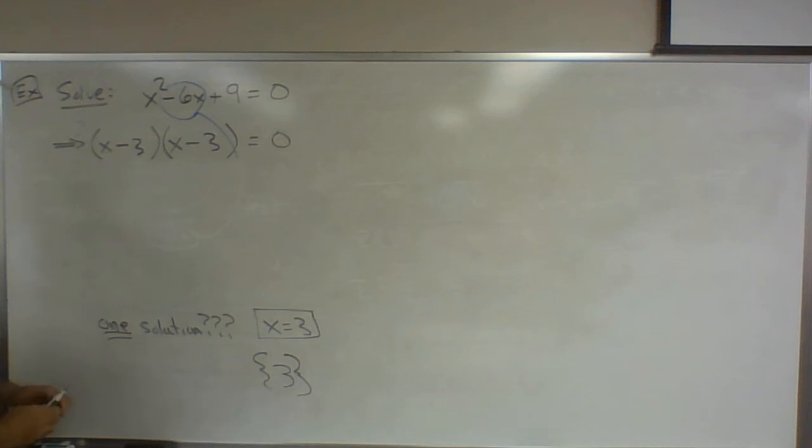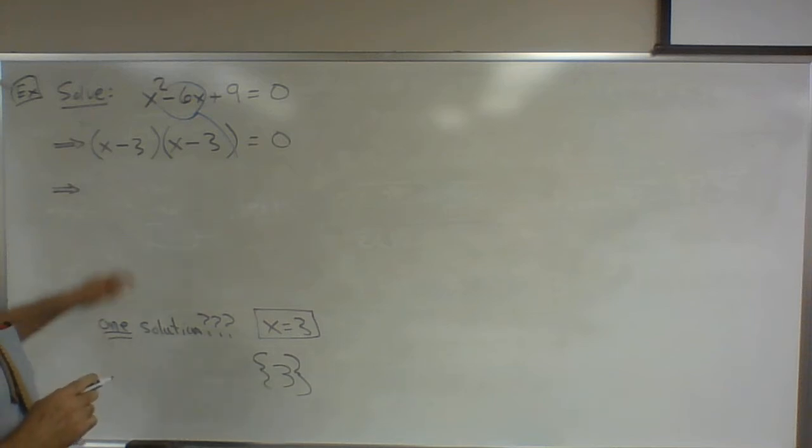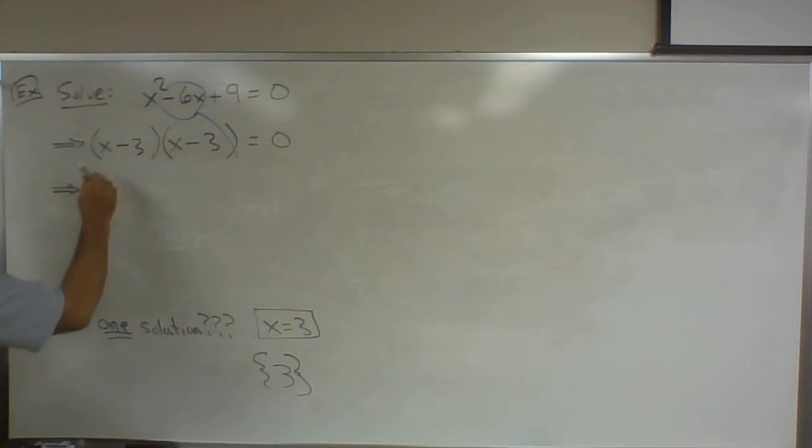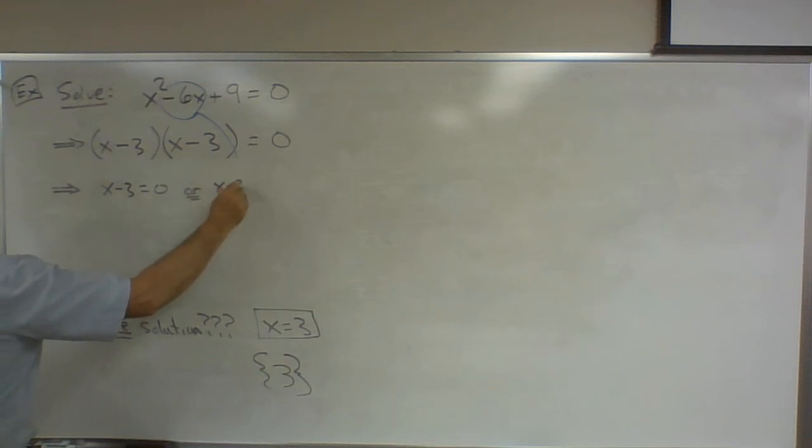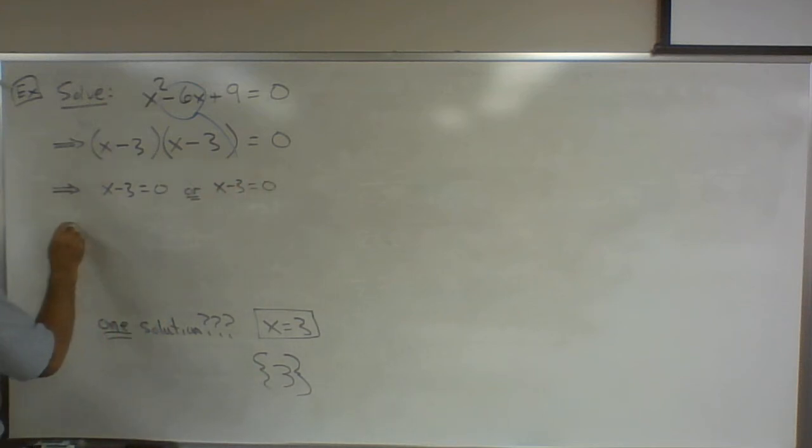The factorization is x minus 3 times x minus 3 equals 0. We have the product of two factors equal to 0. The zero factor property, or the zero product property, tells us one of these two factors has to be 0. So either x minus 3 equals 0 or x minus 3 equals 0.